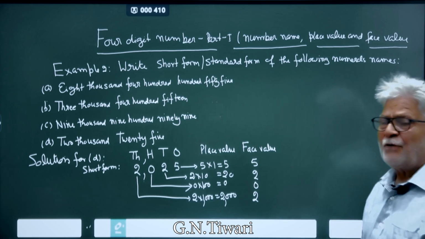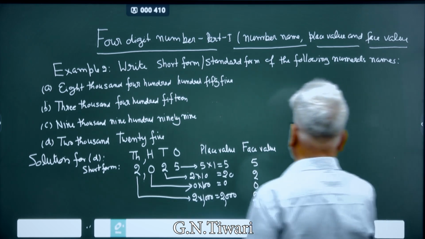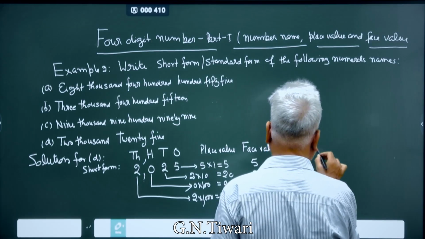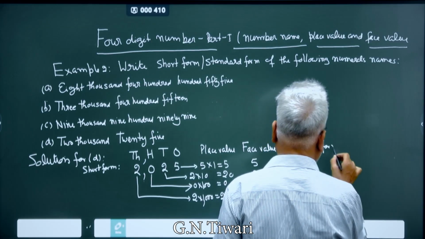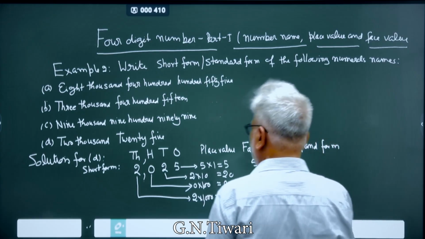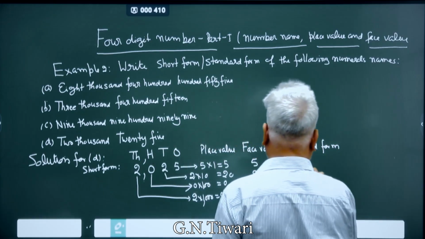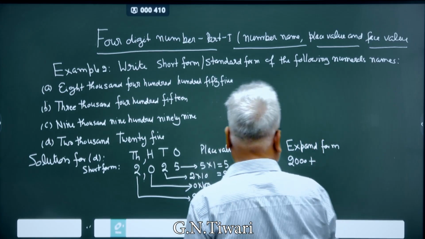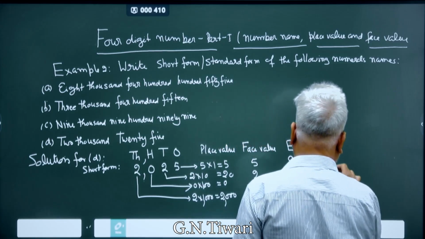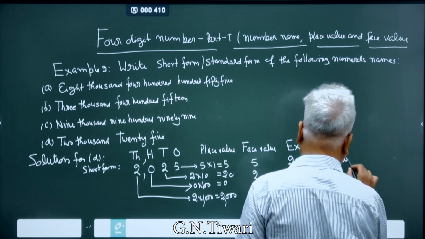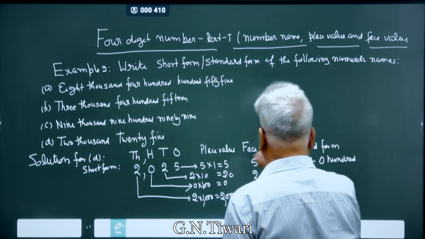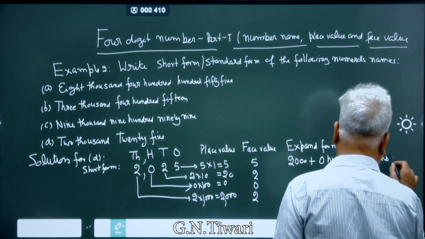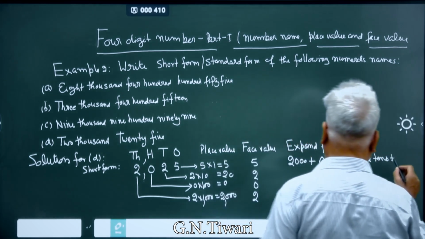Now then, what is the expanded form? As I've told you, 2000 plus 0 hundreds, 0 hundreds, and 2 tens, 2 tens, plus 5 ones.